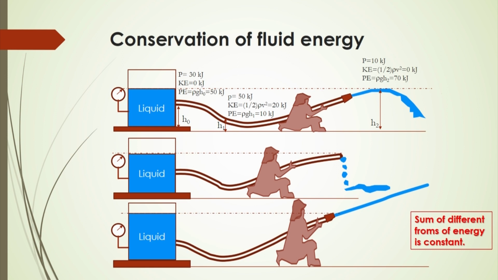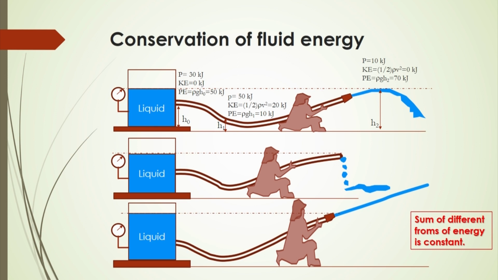The total energy remains the same; the only thing is that energy transfers from one form to another. If we consider three forms of energy, one is potential energy, another is kinetic energy, and another is pressure energy. If I sum these, you will see that at any location of the pipe shown, the total energy is the same.